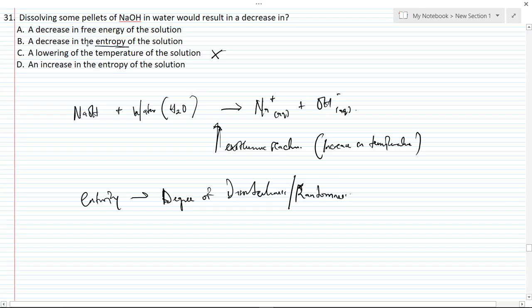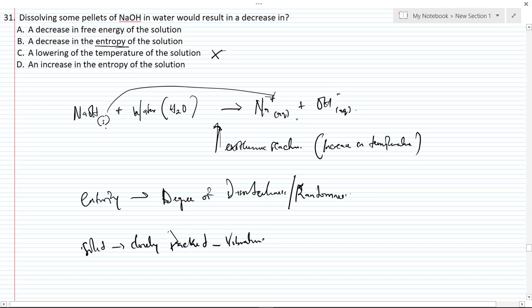So we know it's dissolving some pellets, so this means that it was in its solid state. So from solid to ion or aqueous state, we know from properties of solids that the molecules of a solid are closely packed, and the only thing that can happen is pretty much just vibrations. However, in their ionic and aqueous form, they are able to move about.